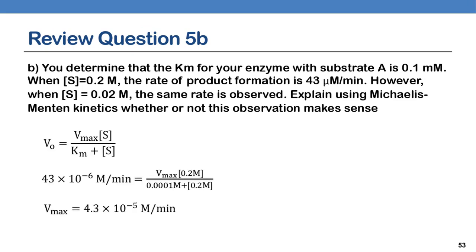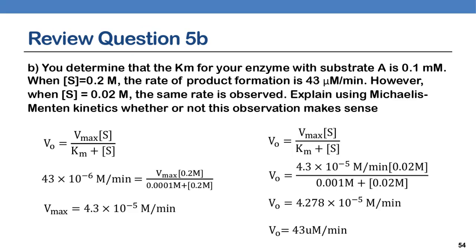So we can look at this mathematically. In the first situation, we have our 0.2 molar, and our V naught is going to equal our Vmax. And then if we input our second concentration, our V naught still equals our Vmax. So this is showing that we're much farther down in the curve. You got me there.